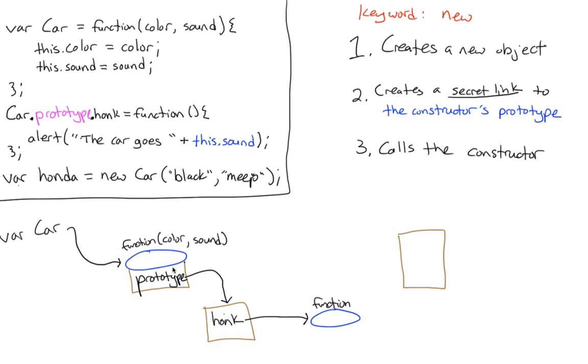So we're going to create a secret link to the constructor's prototype. So this new object receives a secret link, and that secret link will point directly to this object. We will see why that's important in a little bit. Next, it calls the constructor.